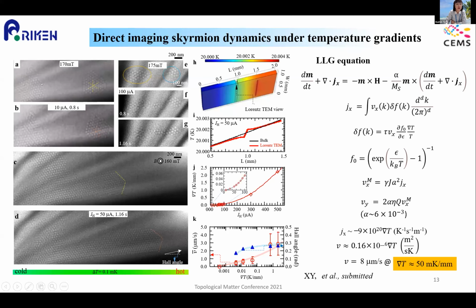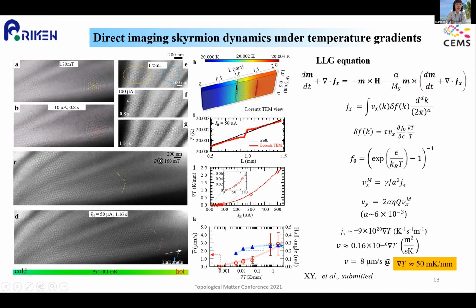First, we focus on the two skyrmion islands and flow a small heater current, just 10 microamperes. You can clearly see this skyrmion island doesn't move, although the hexagonal lattice orientation changes slightly.